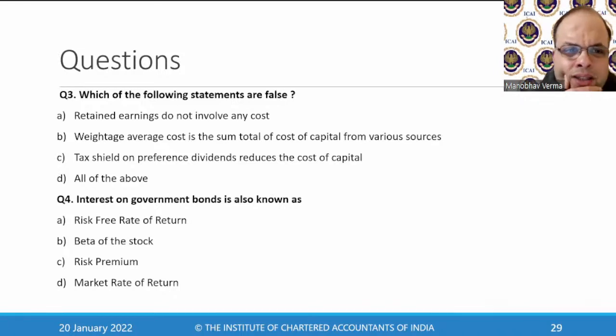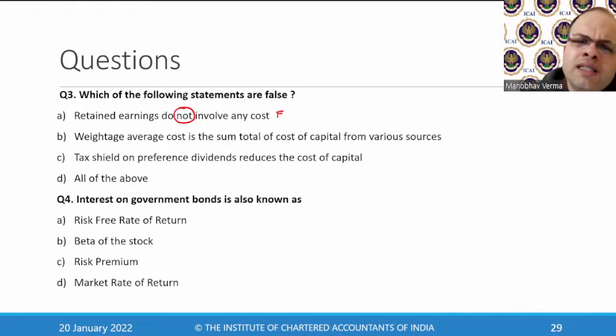Okay, I'm getting C, A. Charu said C. Jyot also said C. Riya said A. Does retained earnings have a cost? I guess that's what we are discussing, isn't it? The statement says it does not involve any cost. So these definitely involve the cost. So it's a false statement.